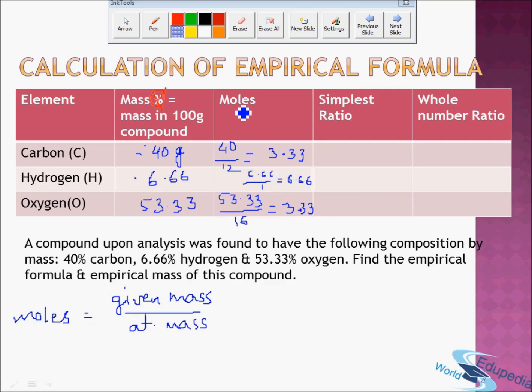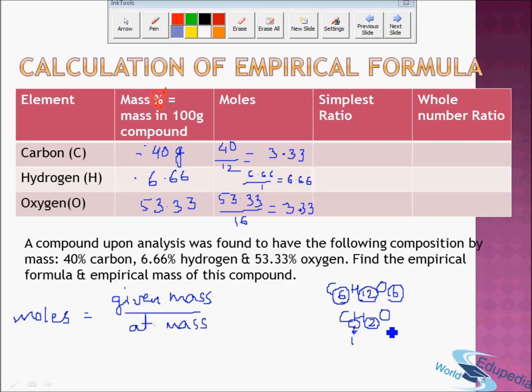Why do we do this? Why do we convert them into moles? Because the empirical formula or even the molecular formula represents the number of atoms of elements. If you remember from the previous slide, we had the molecular formula of glucose as C6H12O6, whereas the empirical formula was CH2O. Now these subscripts are what we want to find here.